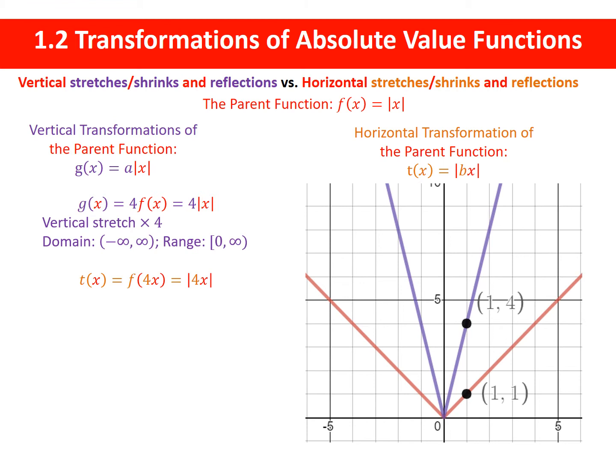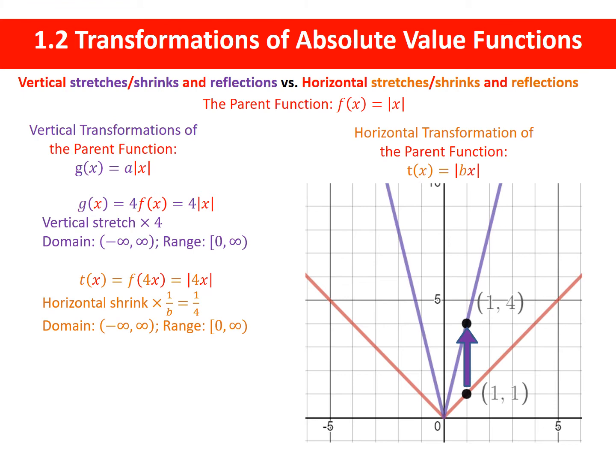Now, how does that compare to t of x, where the 4 is on the inside? Notice also that we went from (1, 1) up to (1, 4), a stretch of 4. The t of x, with that 4, that's a value greater than 1. That's got that reciprocal relationship, so it's going to be a horizontal shrink by a factor of 1/4.